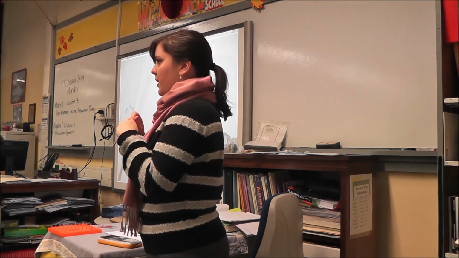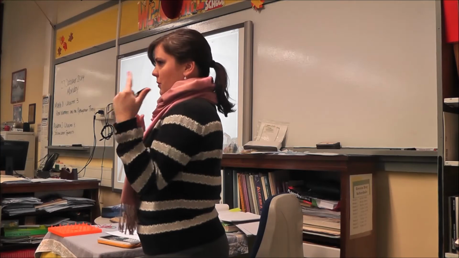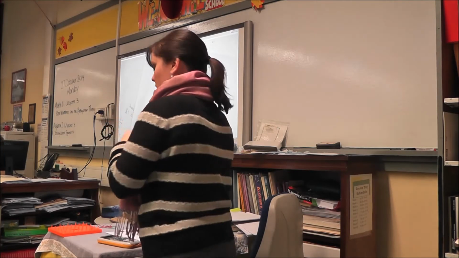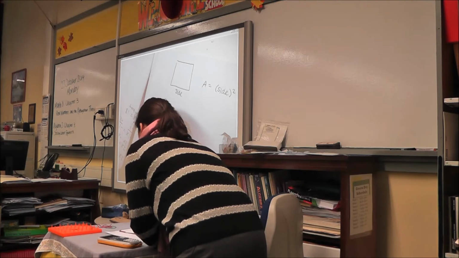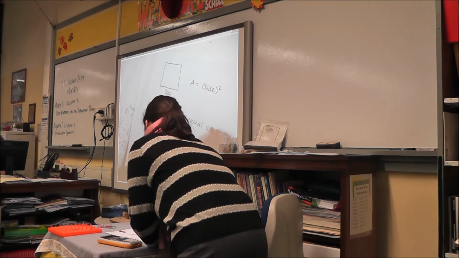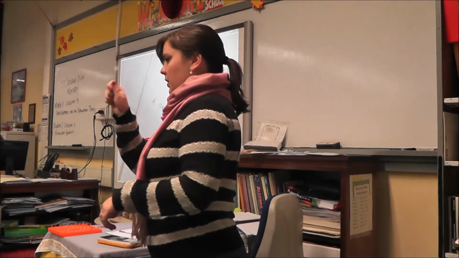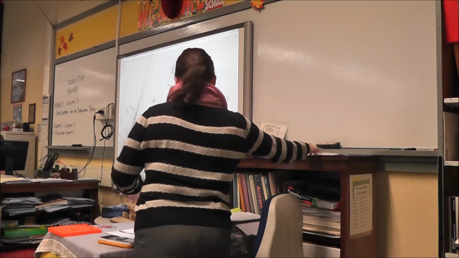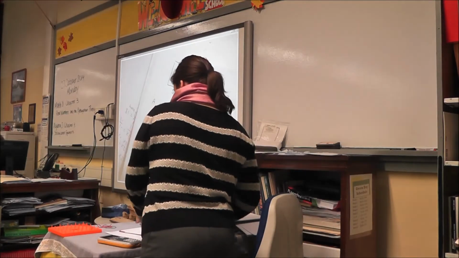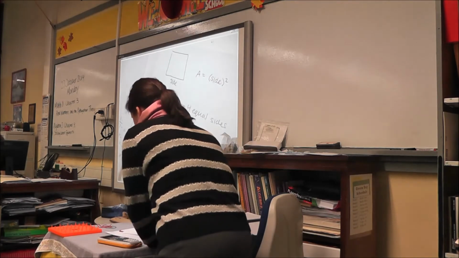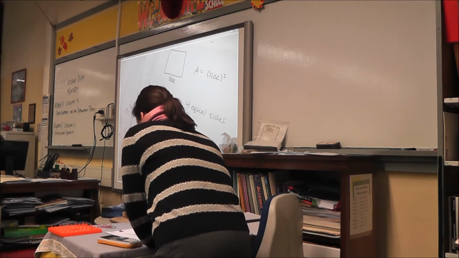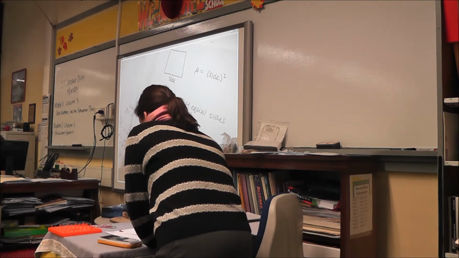Remember we just learned about exponents last chapter? So you know what something squared means? And what else did we say we knew? That a square has 4 equal sides. Okay, remember these things when you start this activity. I want you to draw a square with an area of 4 inches squared.